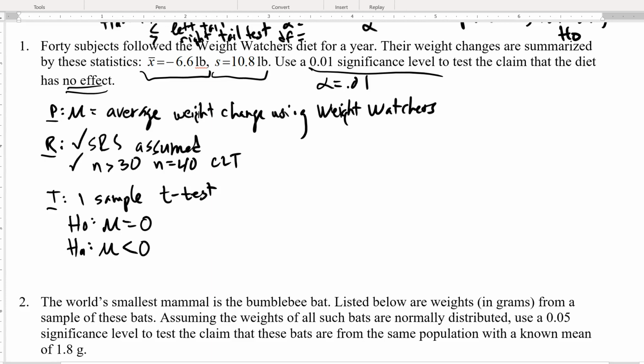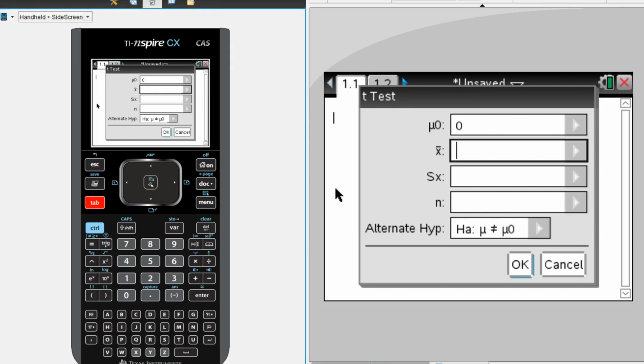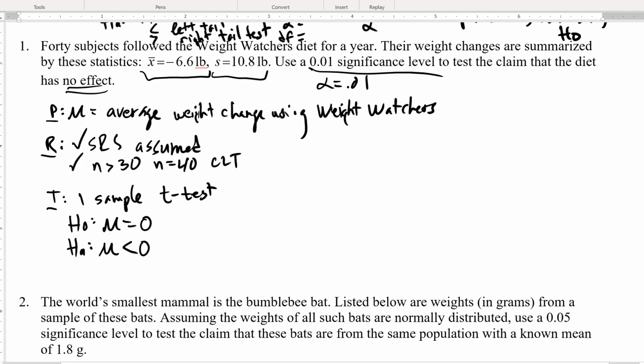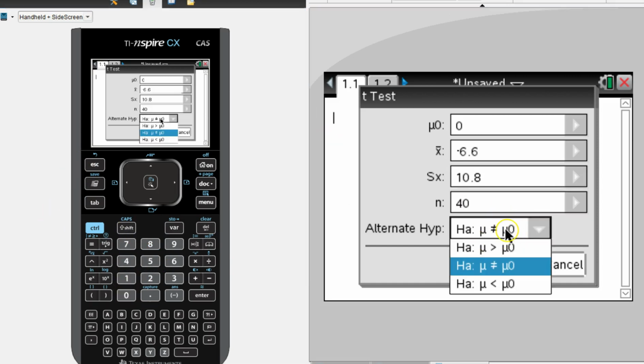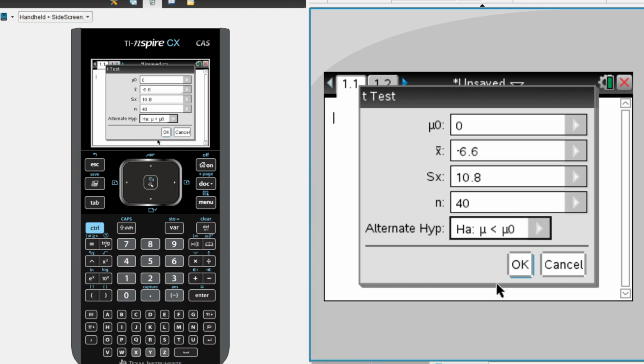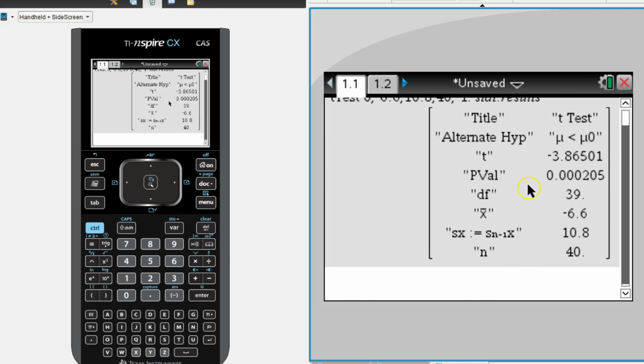We saw negative 6.6 pounds. We saw a standard deviation of 10.8, and a sample size of 40. Alternatively, we wanted to prove the diet was effective, losing weight. All right, so negative 3.865.